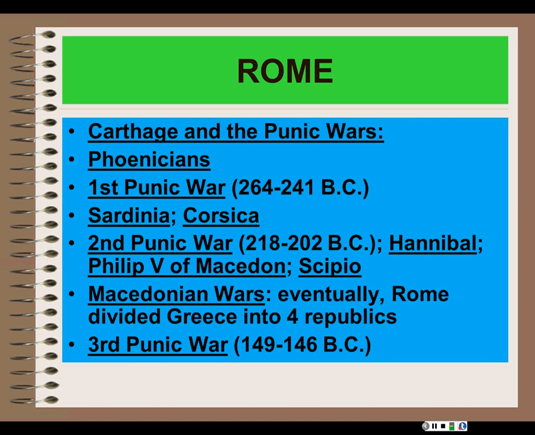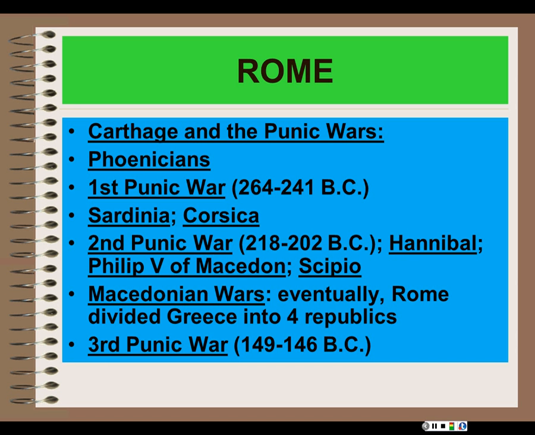And this is also a war that involved an ally of Hannibal, Philip V of Macedon. Macedon was north of really what we know as Greece. And the great Roman general Scipio ended up being victorious.